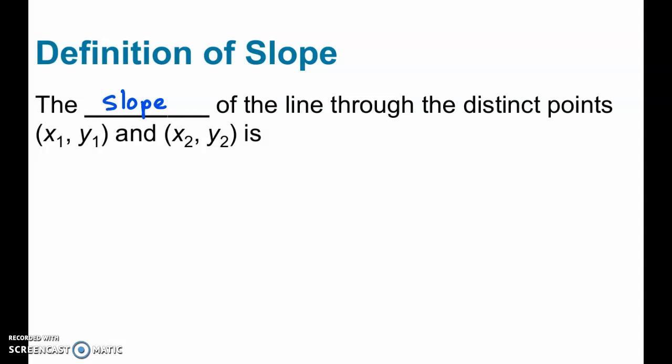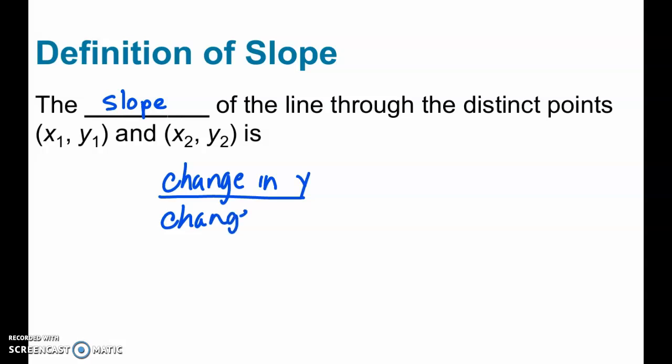So all these little subscripts of 1 and 2 mean is that this is the first point and second point. And the slope is known as the change in the y coordinates divided by the change in the x coordinates. You also may have heard this slope called the rise over the run.